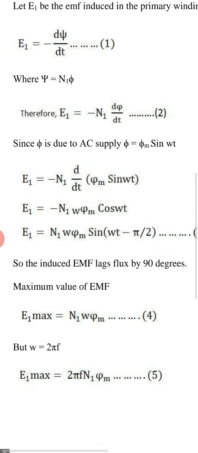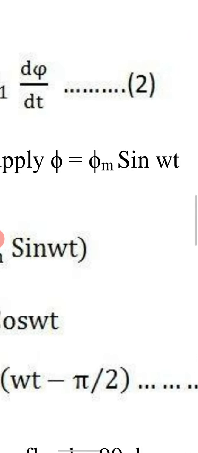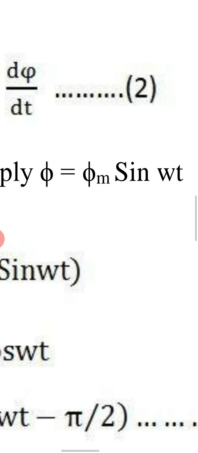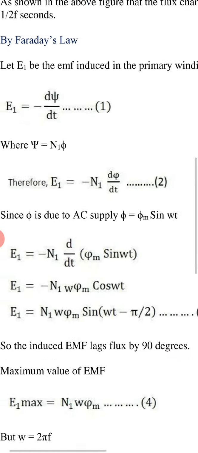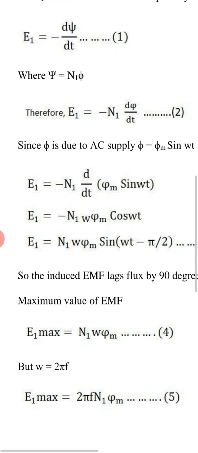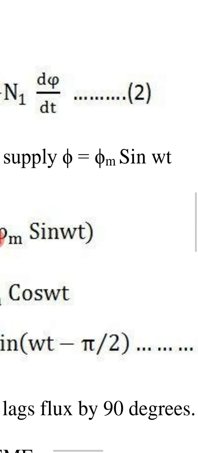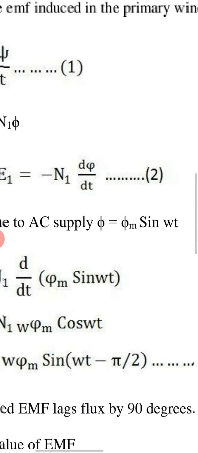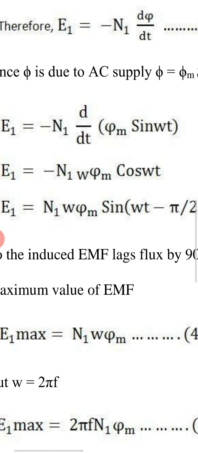Since the flux is due to AC supply, it is also of alternating nature. We know that the standard equation of an alternating quantity is phi is equal to phi m sine omega t, where phi m is the maximum value of the flux. So flux is also an alternating quantity here. Now putting the value of phi equal to phi m sine omega t in equation number 2, we get E1 is equal to minus N1 d by dt of phi m sine omega t.